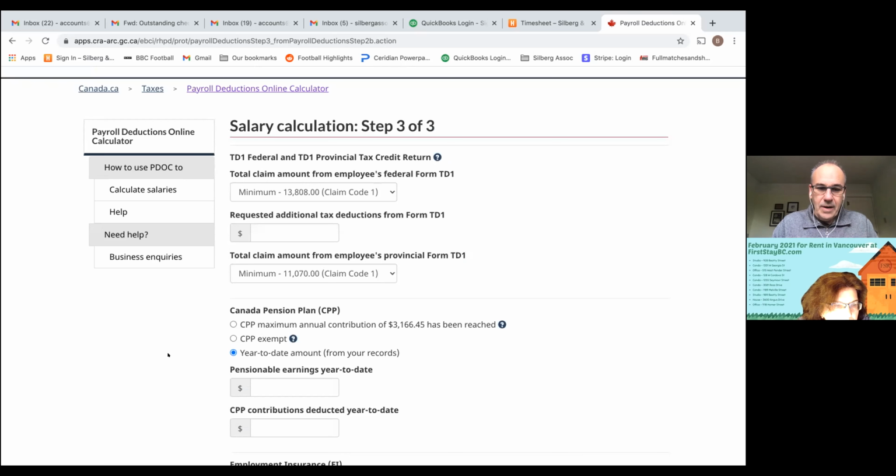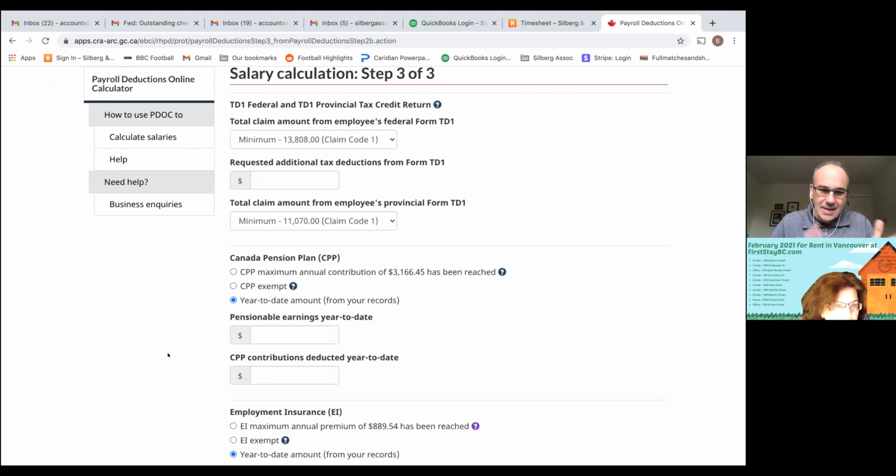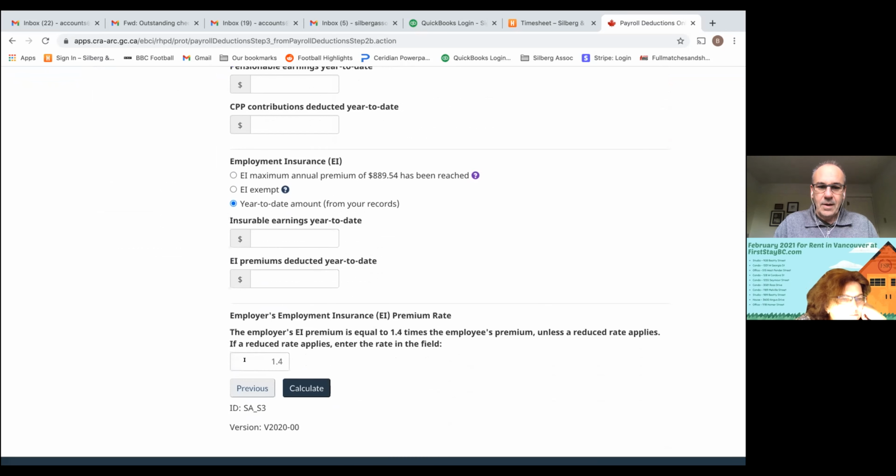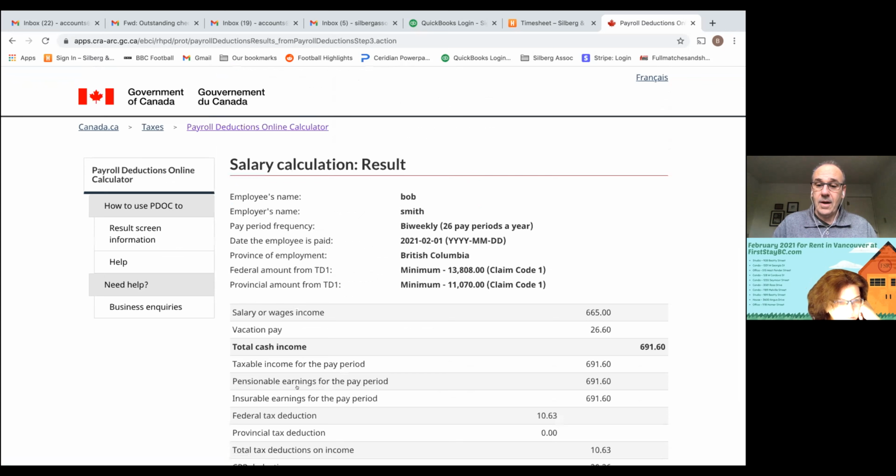This again, I would leave blank. It's only if you really knew something special about these people, but I don't think so. All right, here you go. You see 1.4. Remember I told you the employer's premium is 1.4. So it's in there. You just hit calculate and there you go.